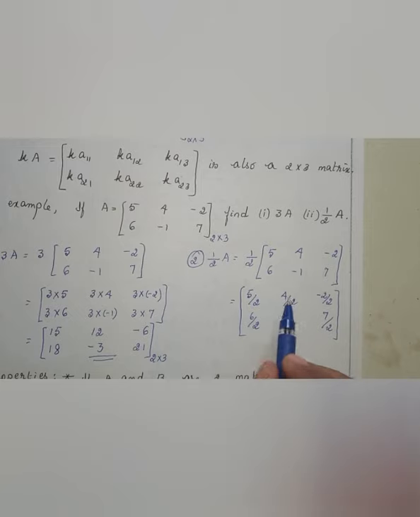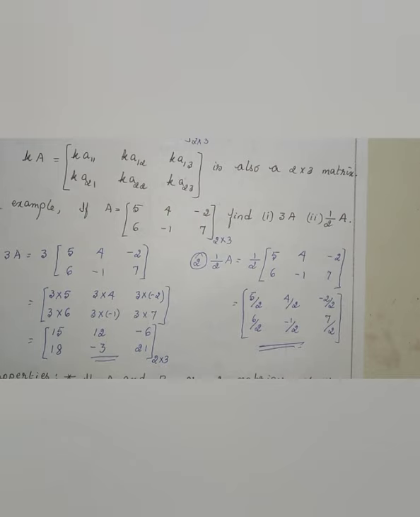That means 5 by 2, 4 by 2 is 2, minus 2 by 2 is minus 1, 6 by 2 is 3, minus 1 by 2 and 7 by 2. So this is the scalar multiplication of a matrix.